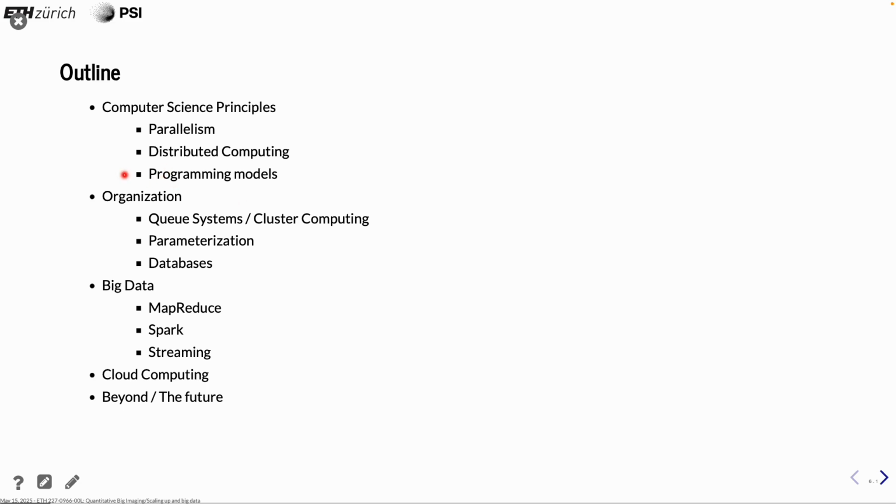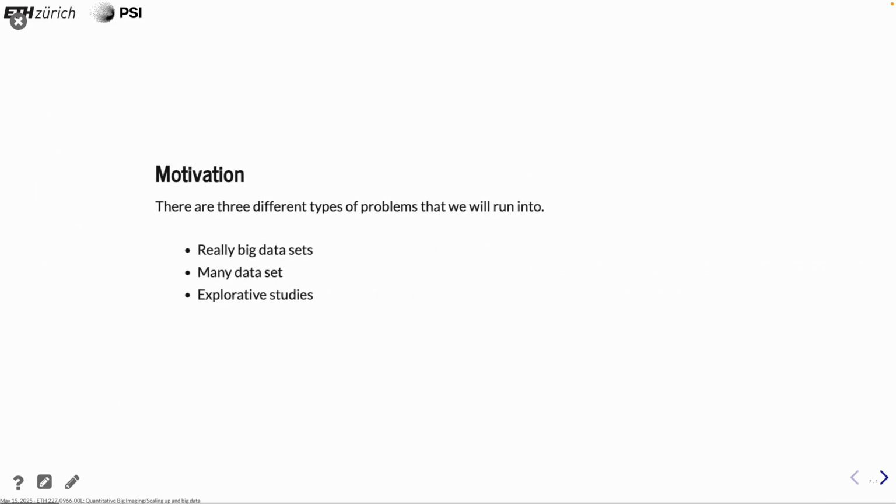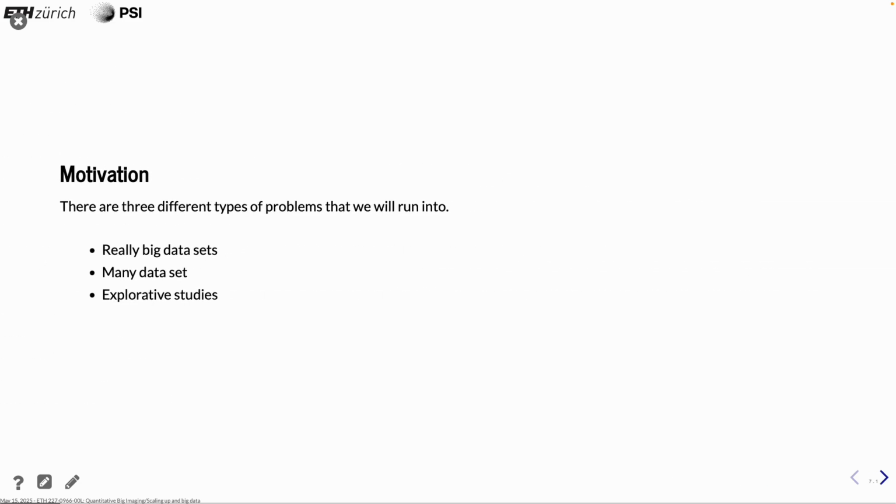So there come some algorithms and also some toolboxes that you can work with to achieve massively parallel computing. We have already realized there are very many problems when we work with images. First of all, we can have really big data sets.